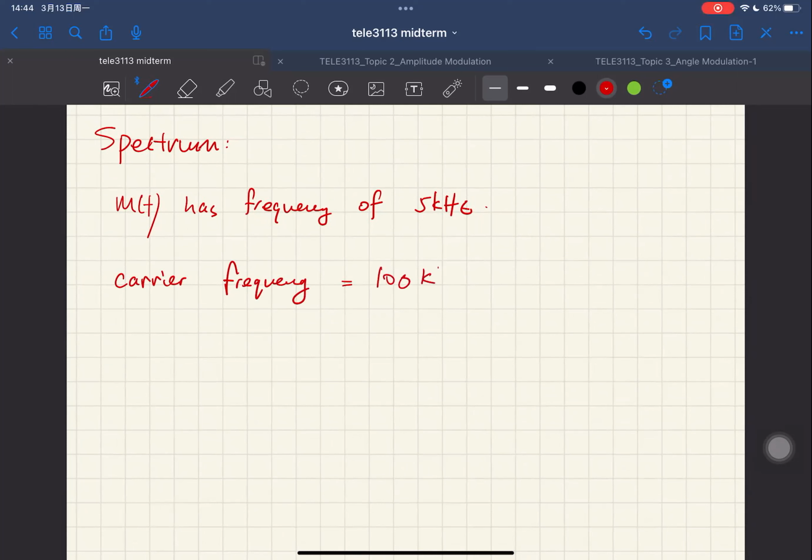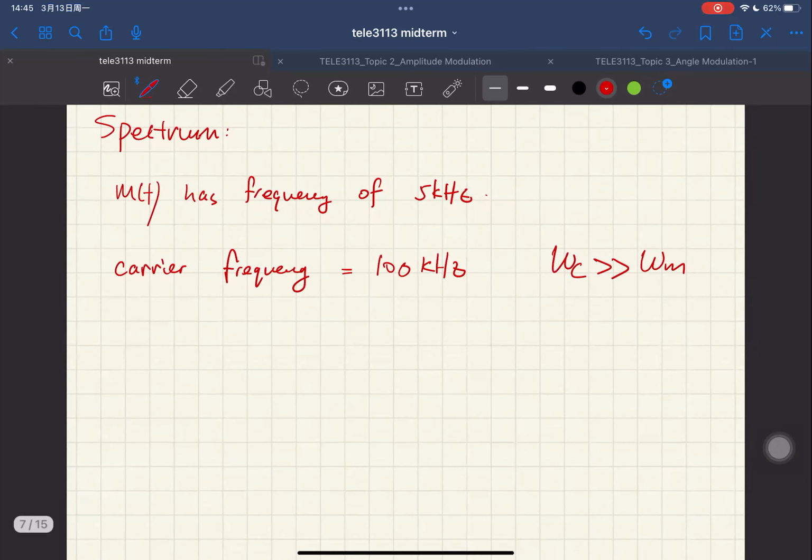We make sure our carrier frequency is much larger than the message frequency to avoid spectrum overlapping, because if it's too close, there will be overlap, which will distort your signal. So if you look at your frequency spectrum, it's going to look like this.